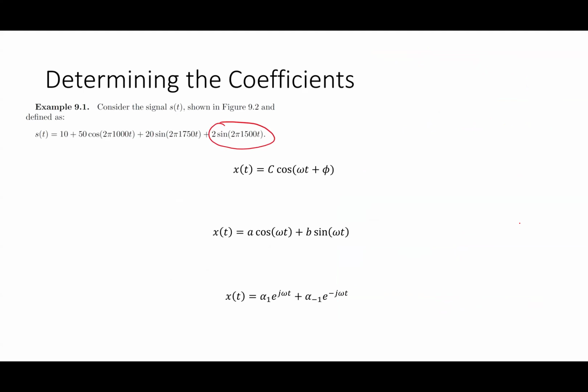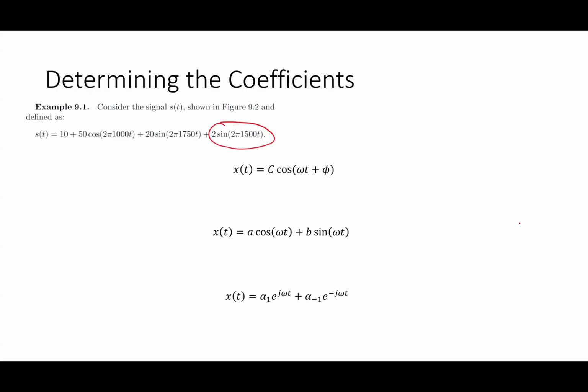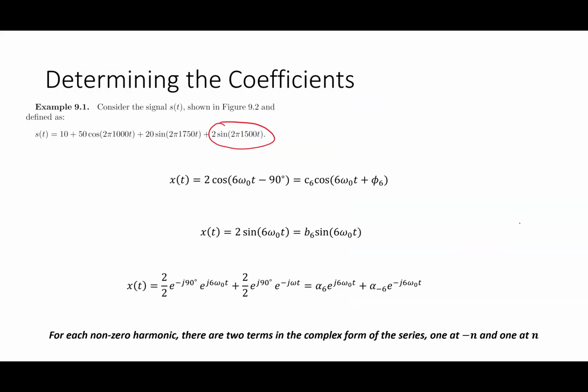Now the question is, how do I get between the alpha values? So what we did before, let me jump up there, for the sixth harmonic, what we found was that the sixth harmonic was 2 sine of 6 times the fundamental frequency.